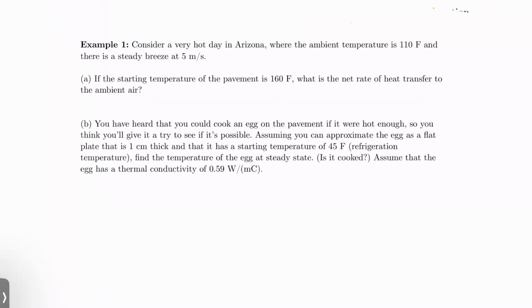Okay. All right. So let's read this example together. So we're going to consider a very hot day in Arizona where the ambient temperature is 110 degrees Fahrenheit and there's a steady breeze at 5 meters per second. The first part of this question is, if the starting temperature of the pavement is 160 degrees Fahrenheit, what is the net rate of heat transfer to the ambient air?